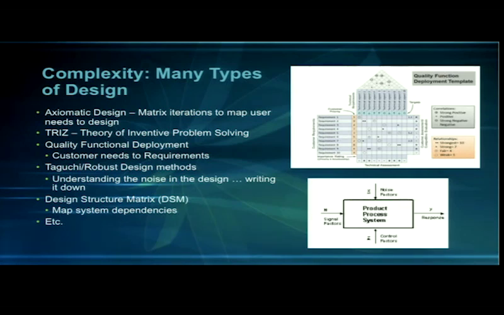When we design a lot of different types of systems, there are a lot of different ways that people deal with complexity. There's a thing called axiomatic design, which is what is in that book at the back there. It describes how to do axiomatic design. That works really well for mechanical engineering type things.